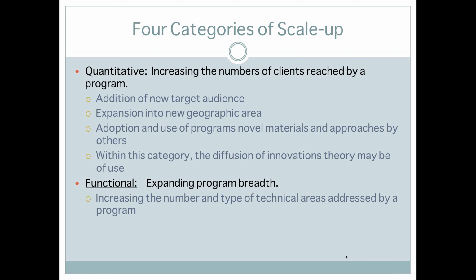You might have a program that is addressing physical activity, and then you scale it up by including diet and tobacco cessation. So that's a case where functionally you've scaled up because you've made the program broader than the way it was originally.